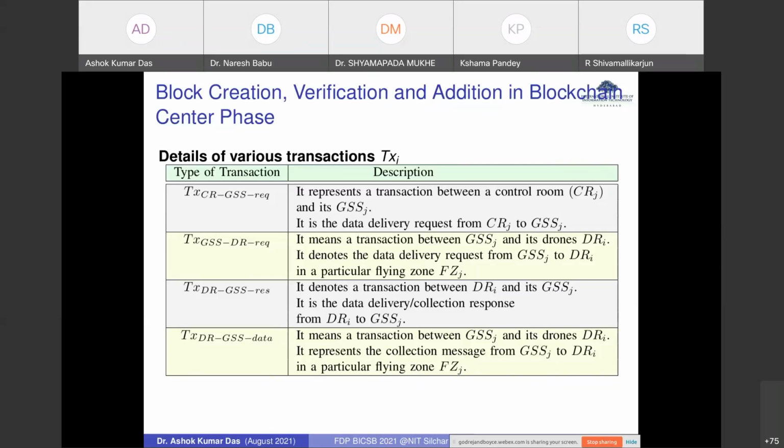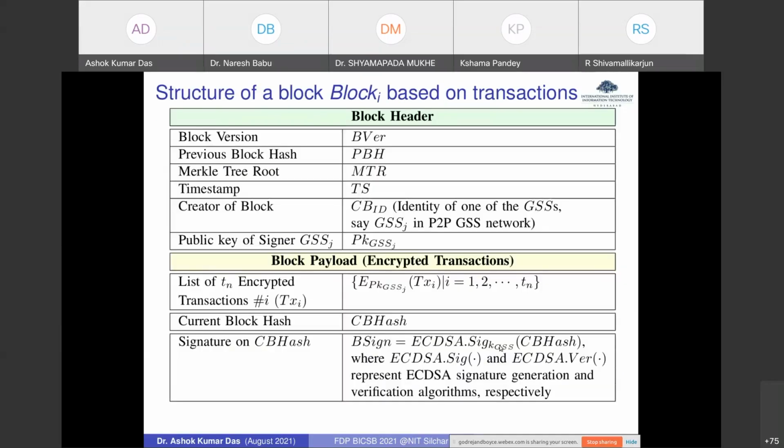So once these transactions are formed and received by the GSS, what does GSS have to do? GSS has to create a block. This is the structure of the block shown here. We have the block header consisting of the block version, known as BVER, the previous block hash, known as PBH, and the Merkle root, known as MTR, and the Merkle root is computed on all the encrypted transactions here.